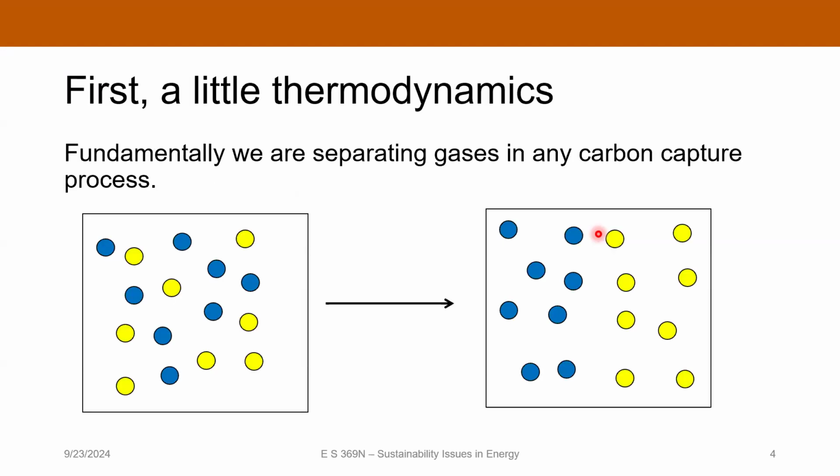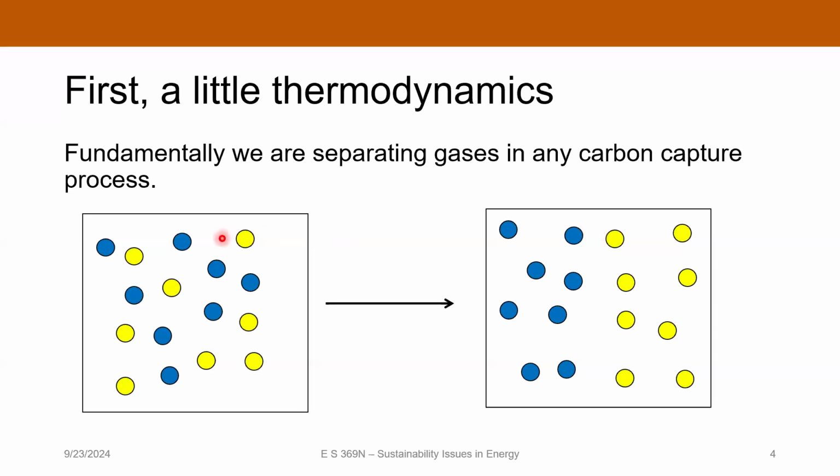Now let's talk about what is actually required to make carbon capture and carbon removal actually happen. So what we're doing when we capture carbon dioxide, either from the flue gas at a power plant or from the air, is that we are separating the CO2 from the rest of the molecules, okay?